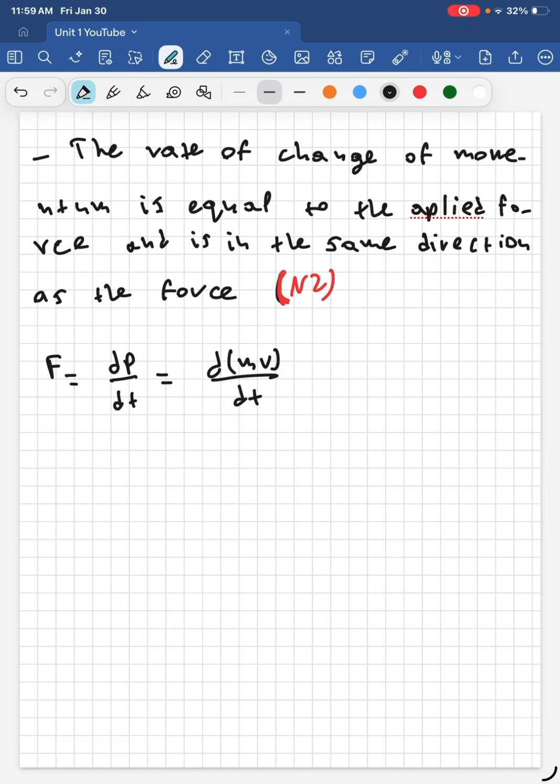And we can use the product rule of derivatives and write dm over dt times v plus the second term, m dv over dt. I think in all cases you see at the AES level, this term is not used because the mass is considered constant, so dm over dt is 0, okay?